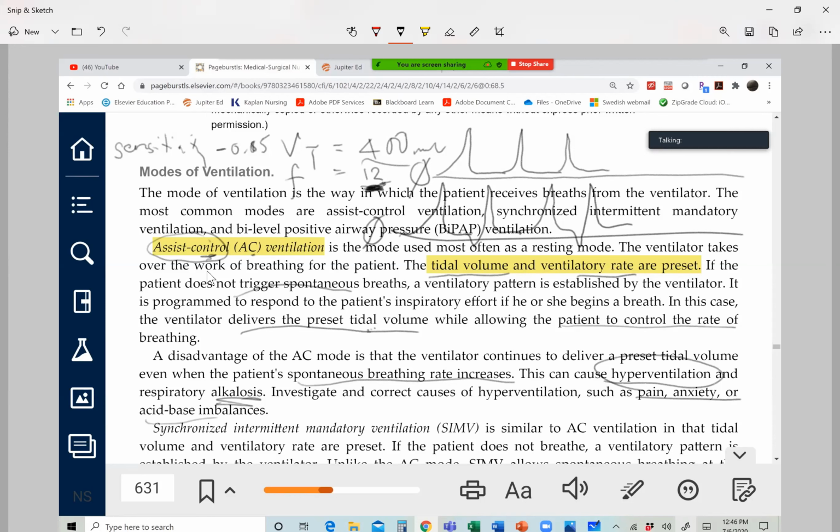Another could be, let's say they're off sedation. The sedation bag is empty, the nurse forgot to replenish it, so now the patient's not receiving any sedation or pain medication. Now the patient's more awake and confused about what's going on. They have a tube, they can't control, they can't breathe. That will, of course, affect their respiratory rate, resulting in hyperventilation.